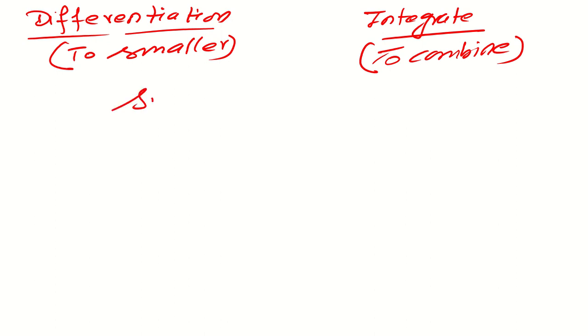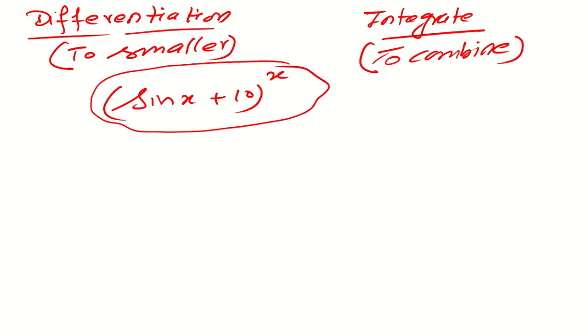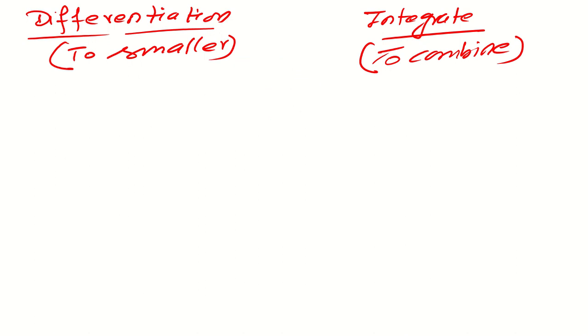For example, if I say sine x plus 10 to the power x, you can differentiate it. But if I ask you to integrate it, it will be a big problem. We can integrate a function only when it is written in the standard form, and to write the function in the standard form we need a lot of practice, because there is no chain rule in integration like you have studied in differentiation.